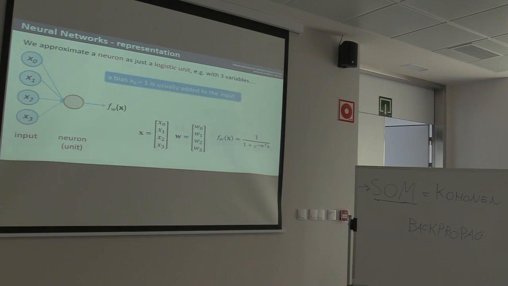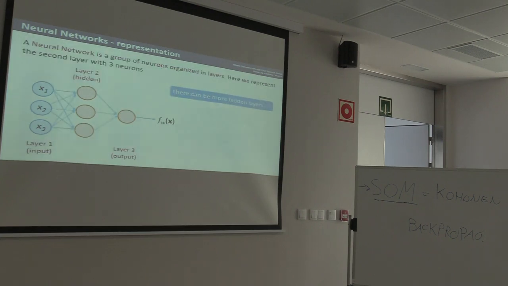Now, this is just one neuron, but in a network, we have many neurons. So usually, you have neurons which are organized in this way.